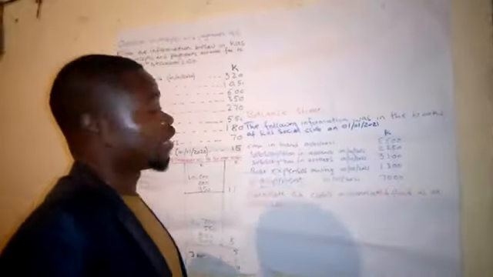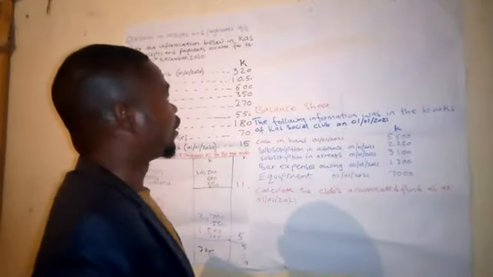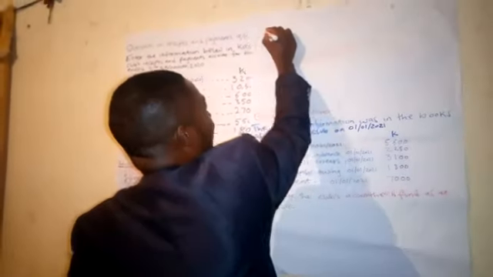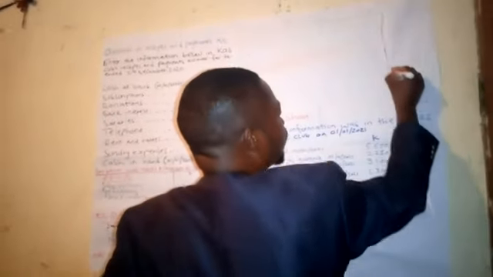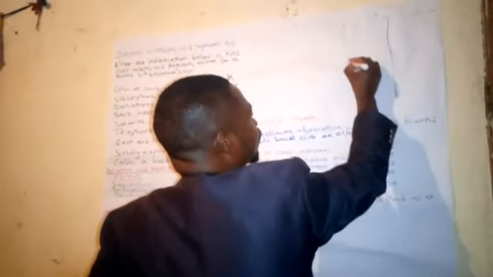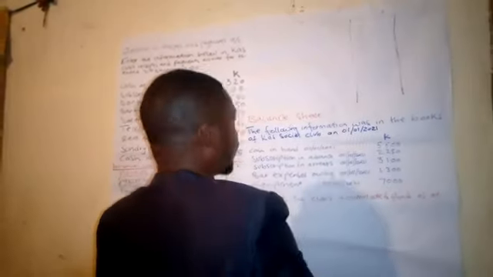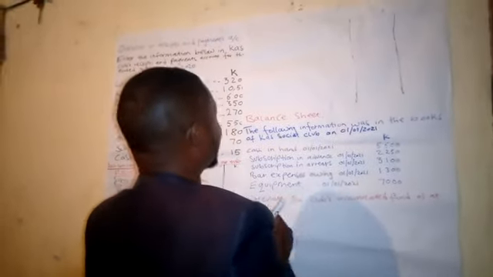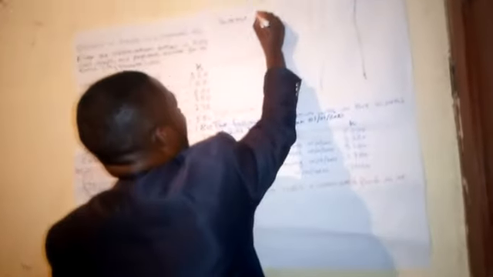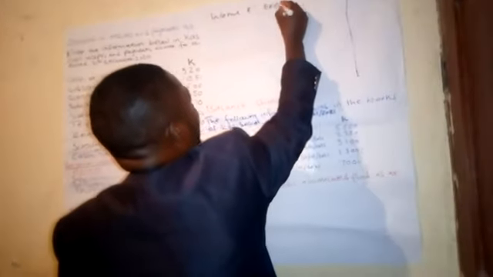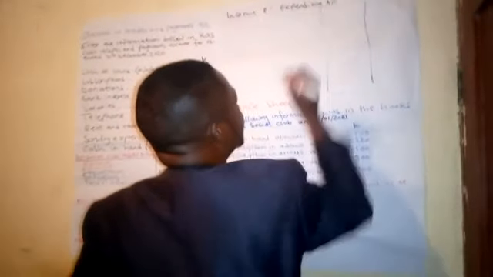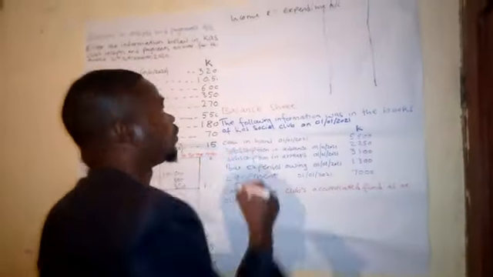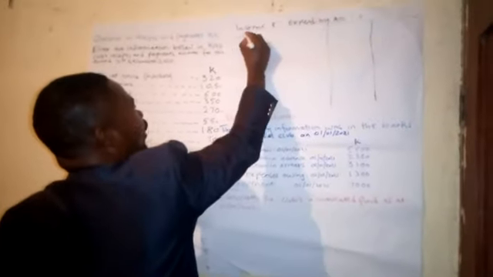Alright, so we have the title, income and expenditure account. For the income and expenditure account, here you write income.